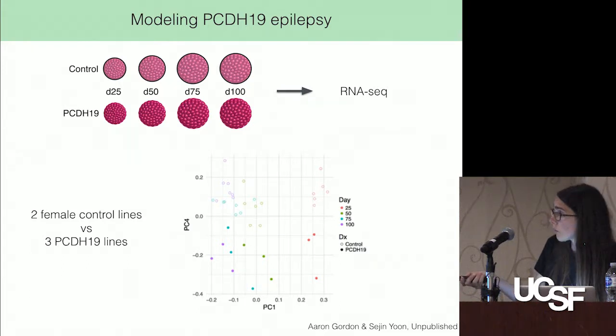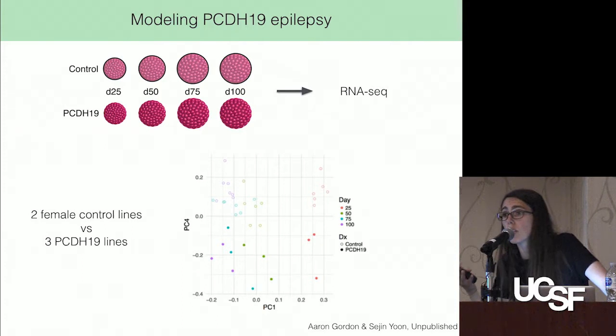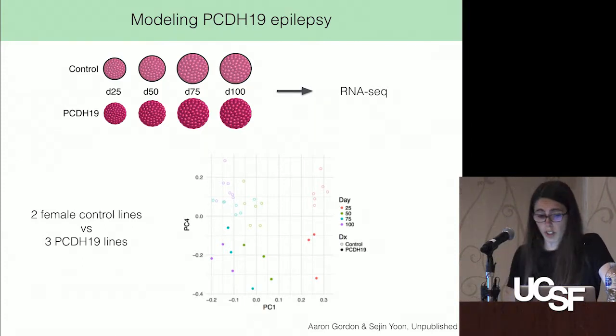We can see that these samples are separated by age: the youngest ones are here, and as time goes by, they move that way. But we can also see that there's a separation between the control samples and the PCDH19 samples down here. So that's exciting, to know that we can see a difference between these 2 genotypes.